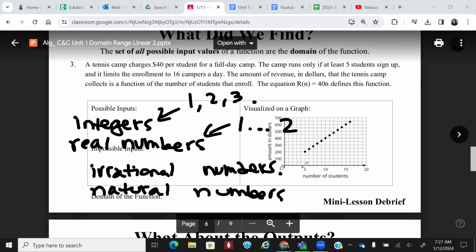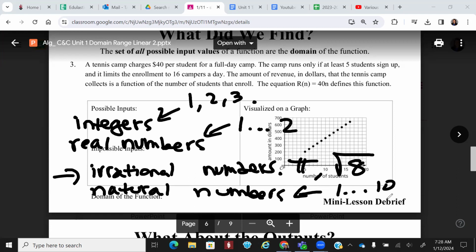Irrational numbers are things like pi and the square root of 8. Anything that deals with not whole numbers and numbers that are not repeating. These are real wonky. We don't deal with these in real life scenarios. Okay? Natural numbers are the numbers that you learned in first grade, like 1 through 10.